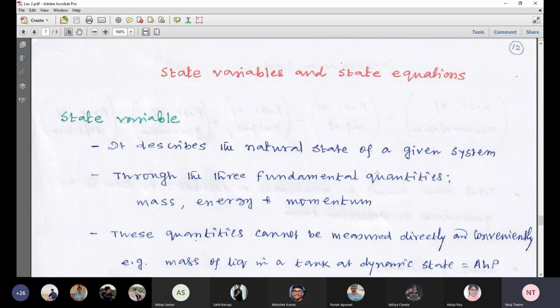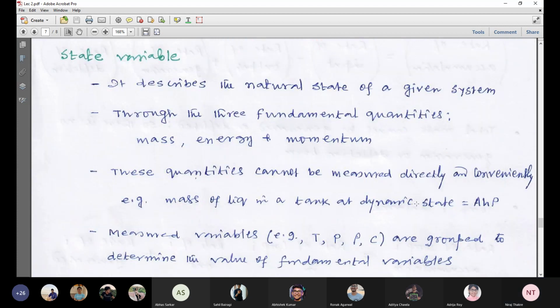First, we need to know the cross-sectional area, capital A. We need to know the liquid height in the tank, H, along with density, rho. Now multiplying these three, we can calculate the mass. Directly, we cannot have the information of mass.